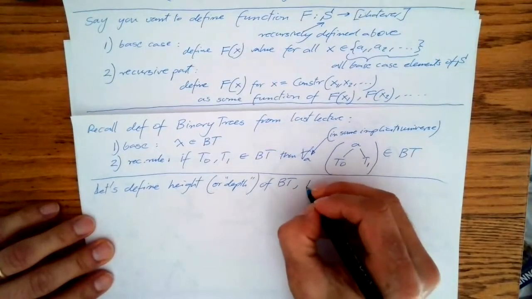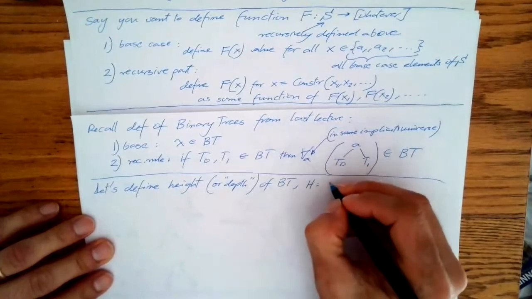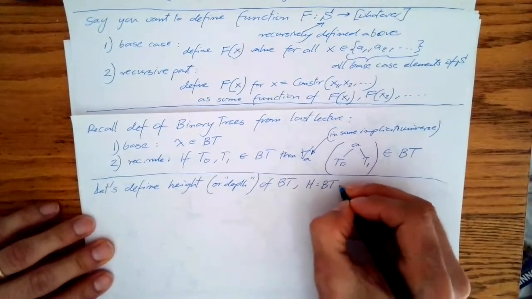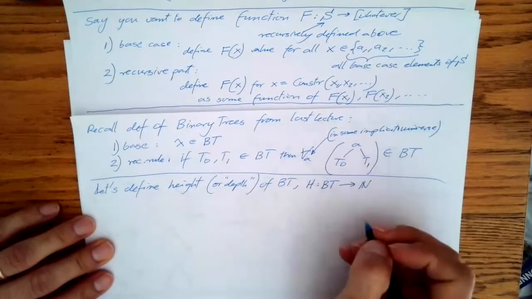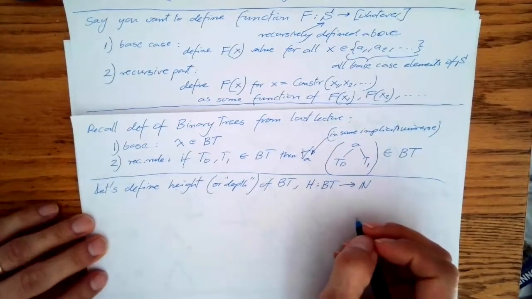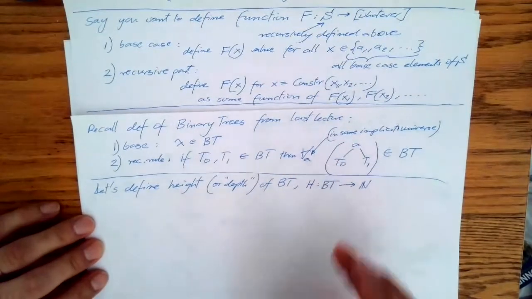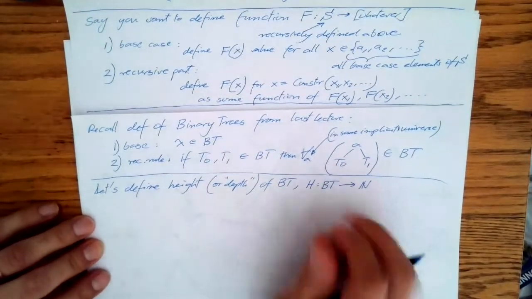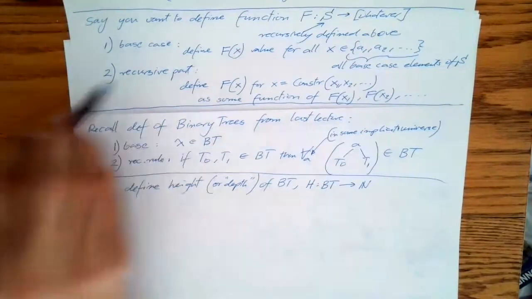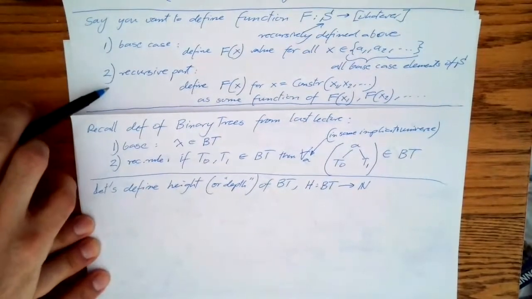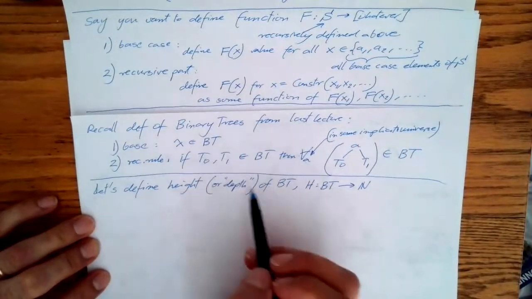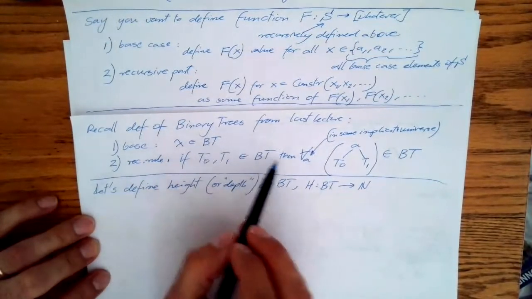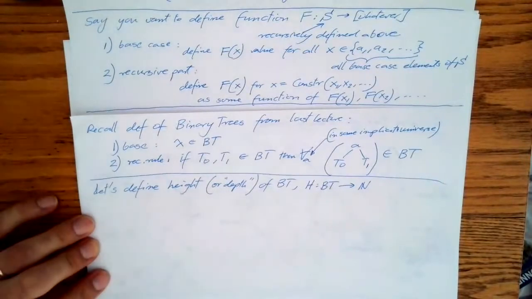I will have a function h, which takes the set of binary trees and gives natural numbers out. The height will always be a natural number. Notice the domain is this recursively defined set, which in this case is BT, the set of binary trees.